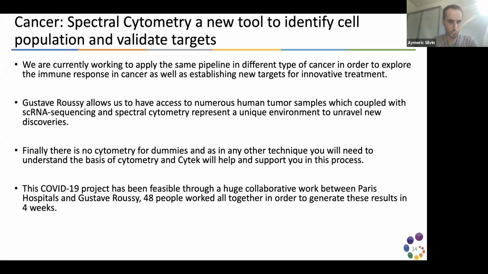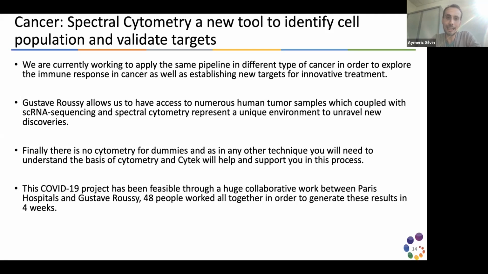The ability of Gustave Roussy to allow us to have access to numerous human tumor samples is a huge opportunity in our case, in order to better understand what are the immune responses that are deleterious and what are the immune responses that could help in order to eradicate tumors.